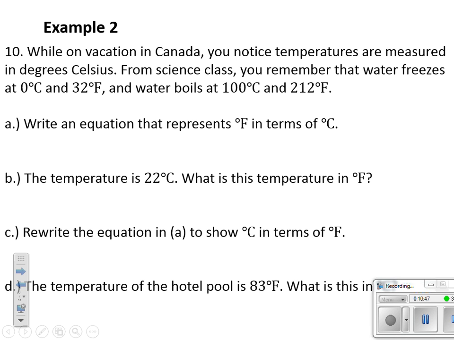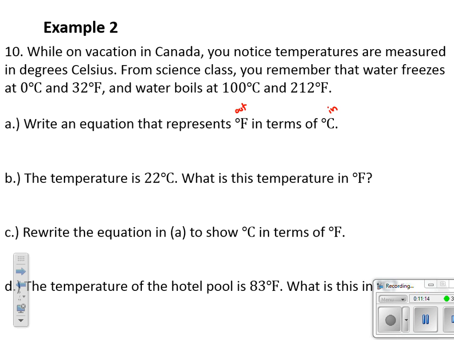Nice little shout out to the chemistry department there. Write an equation that represents F in terms of C. Well, in terms of, it's just telling us what our outputs and inputs should be. So we want F to be our output in terms of C, our input. So if we plug in some degrees Celsius, it will tell us what the degrees Fahrenheit are.